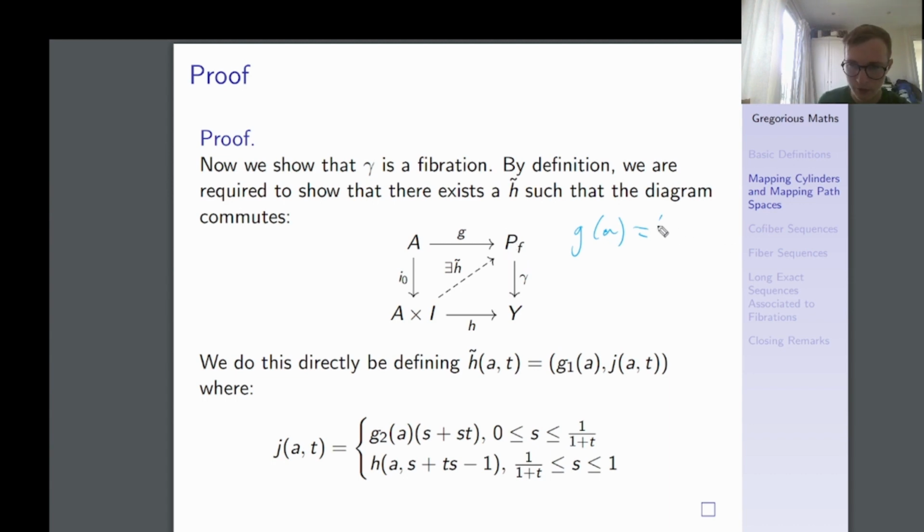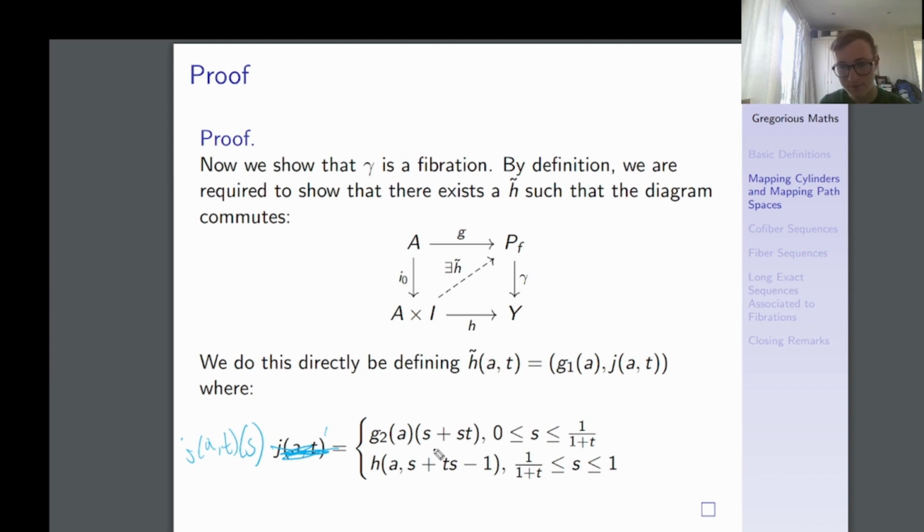So really what we've done is we've just called the first coordinate g_1 of a, the second g_2 of a. So that's all that g_1 of a is. The real craziness starts when we start talking about this j. Now, remember, j is a function. Oh sorry, I've made a typo here. j of (a, t), and then we have to evaluate it at s, is equal to the following.